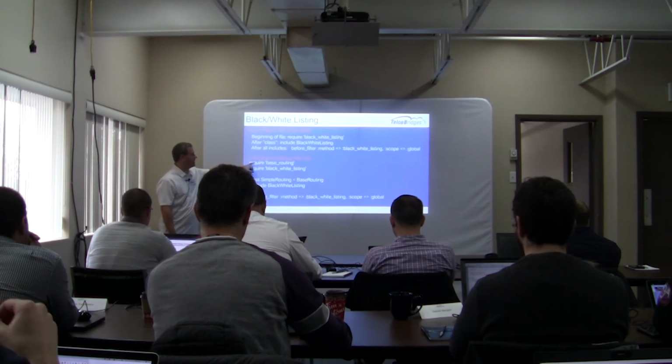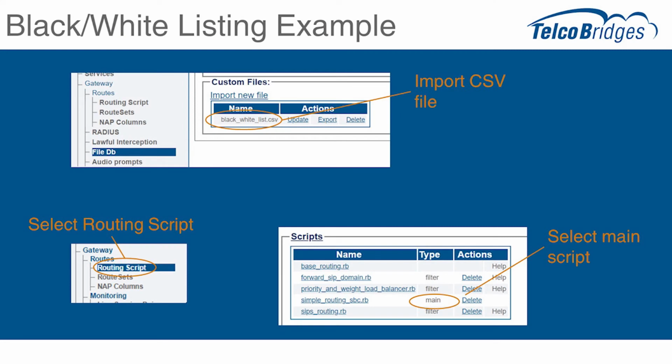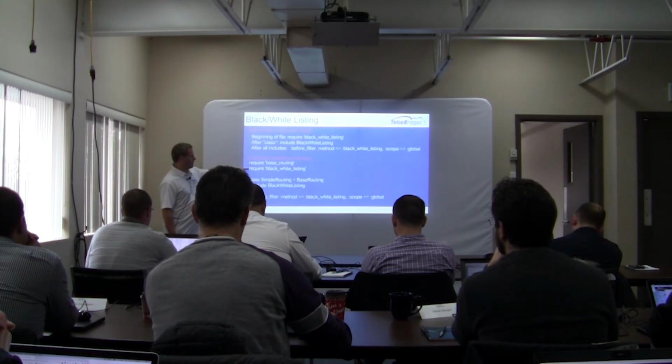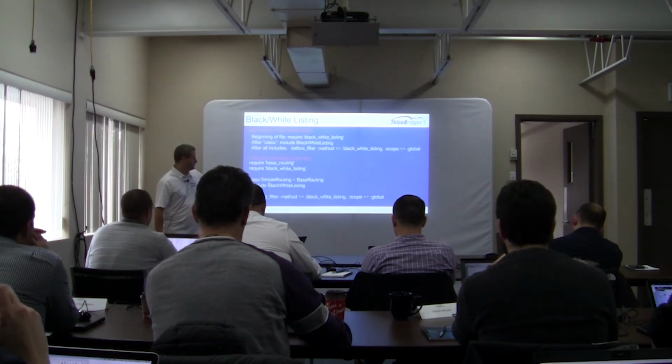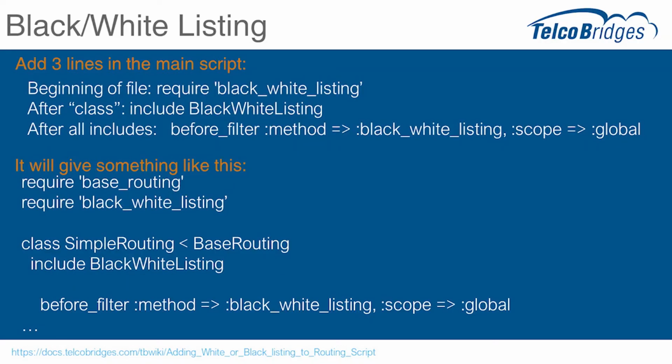You'd always have require base routing. If I go back here, you see base routing is always there, you cannot delete it. It has some specific functions which apply to everybody. Then you put the require black white listing. In the main class here, you include this black white listing, and then for before filter you copy this.